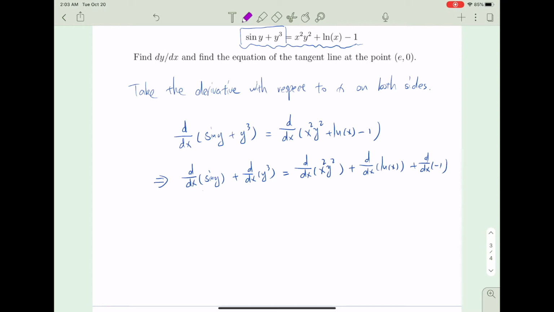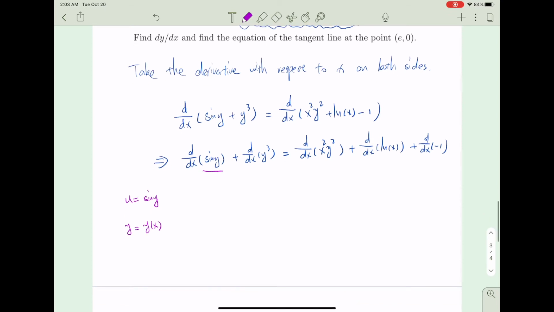So this sine of y is viewed as a function u equal to sine of y, right? So it's a function of y, and at the same time y is also a function of x, but this is kind of an implicit relation. So y is equal to, for example, y of x, something like this, right?